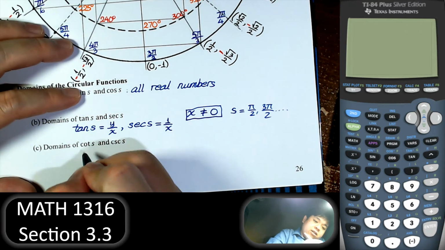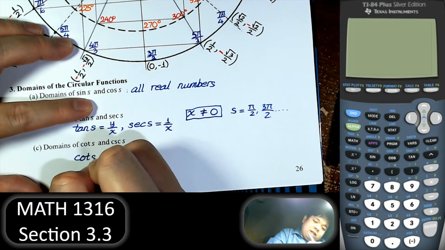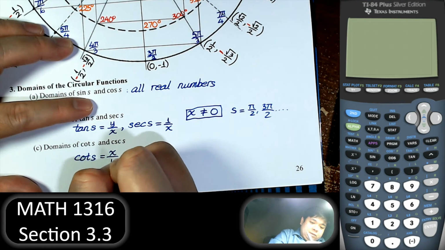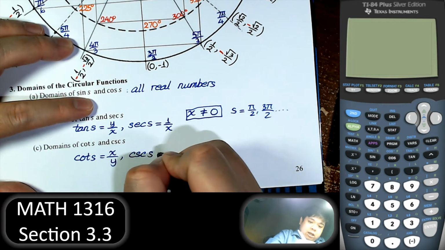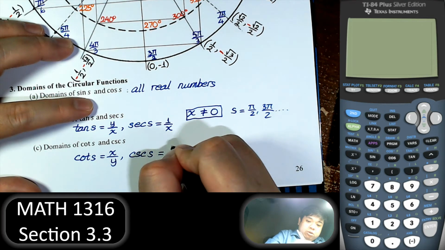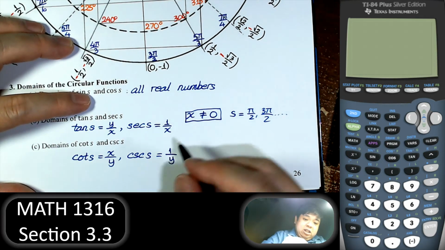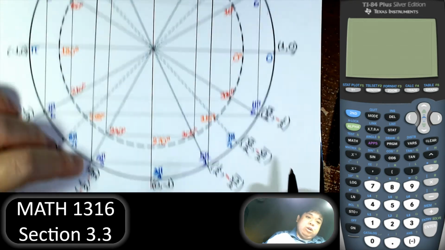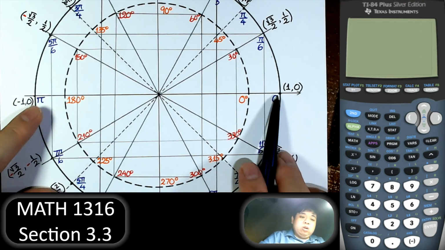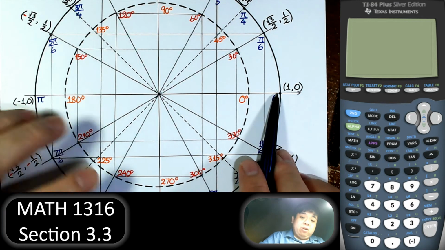Cotangent is x over y, and cosecant is the reciprocal of sine, so 1 over y. And since we divide by y, y cannot equal 0. On the unit circle, these 2 points have y equal to 0, so we cannot have those two.